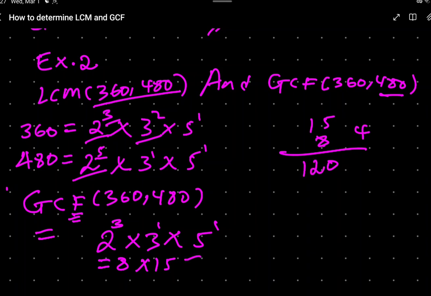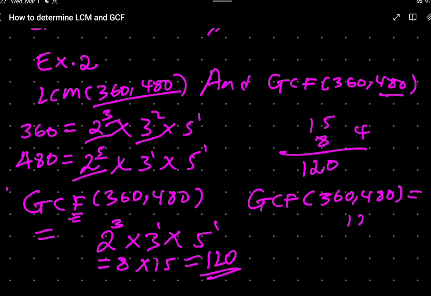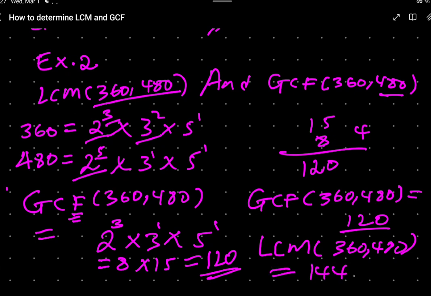So the result is 120. Meaning the greatest common factor of 360 and 480 is 120. And the least common multiple of 360 and 480, we have already done earlier, is equal to 1440.